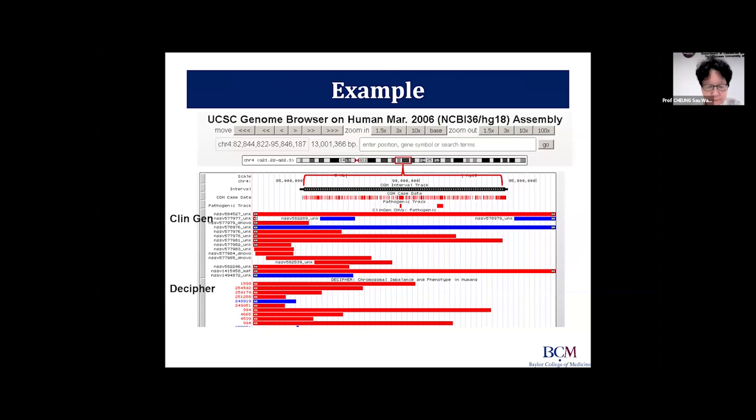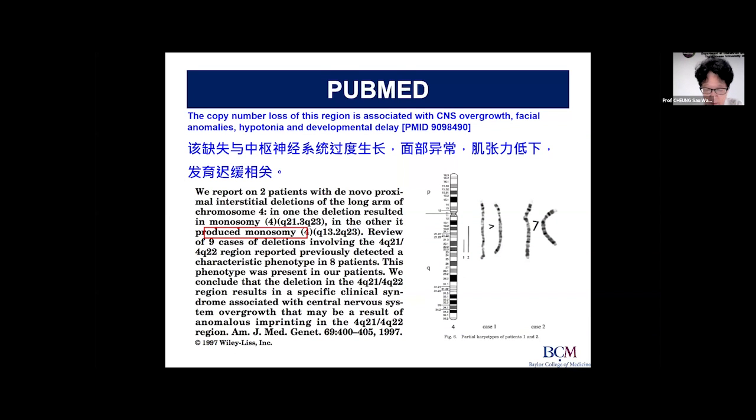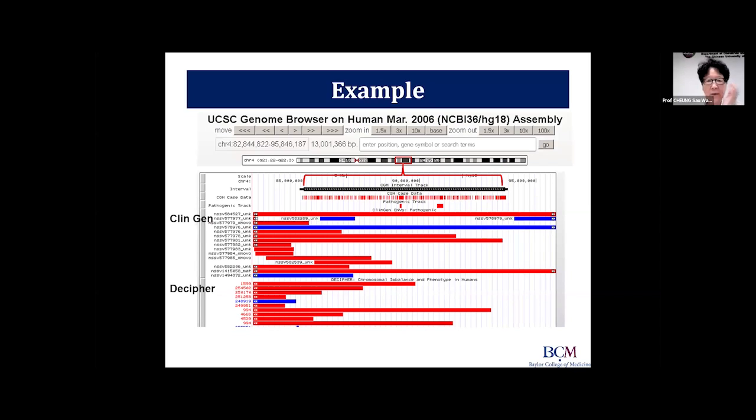You could also check it in the UCSC browser by typing in the coordinates here. Then you could see that this portion is deleted.